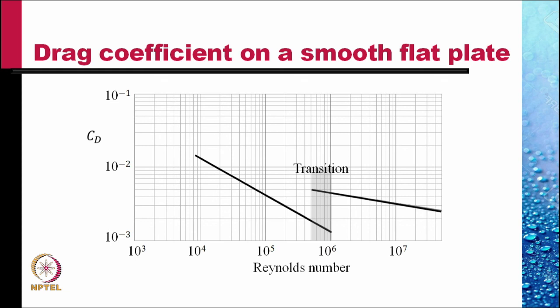The transition occurs at a value of Reynolds number based on the location distance x of about 5 into 10 to the power 5. The drag coefficient reduces at a much lower rate in the turbulent flow than in the laminar boundary layer.